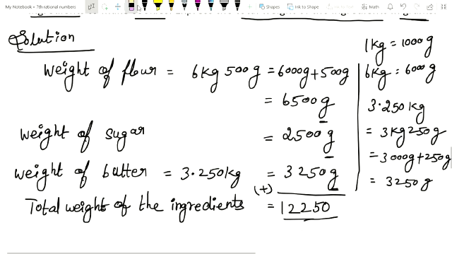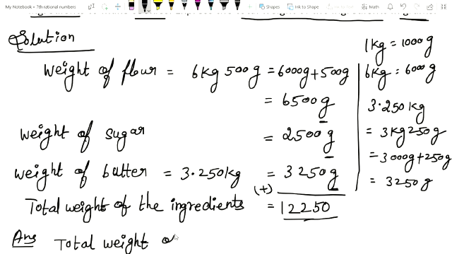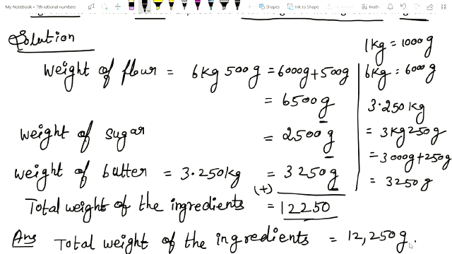So what is the answer? Total weight of the ingredients equal to 12,250 gram. You understand, children? Thank you, children.